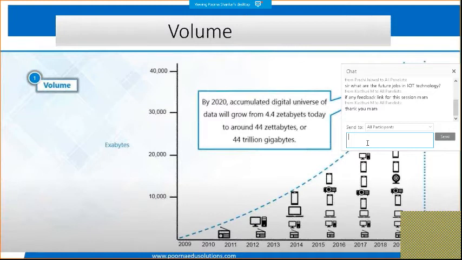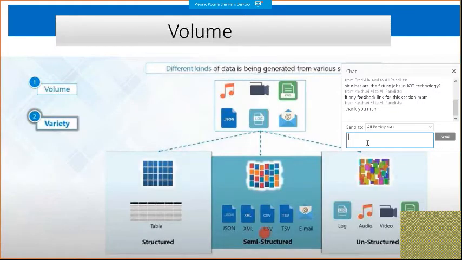Now from 22, it has become 44, because of the advent of all smart technologies. So from 2017 or 18, somewhere around 22 zettabytes, now it is 44 zettabytes of data.